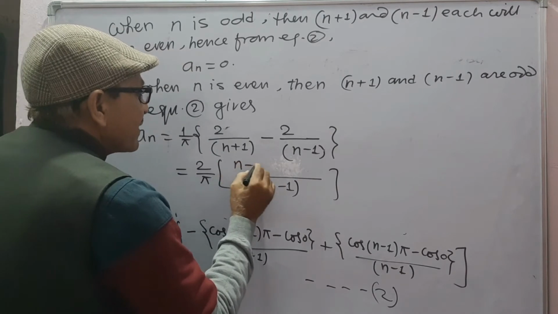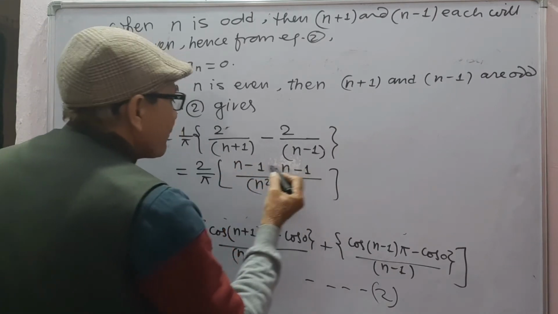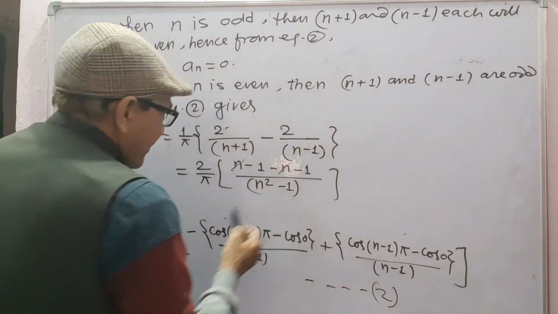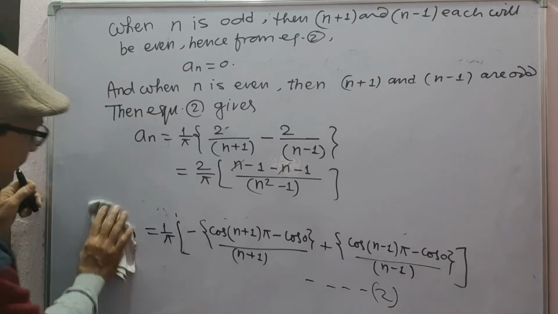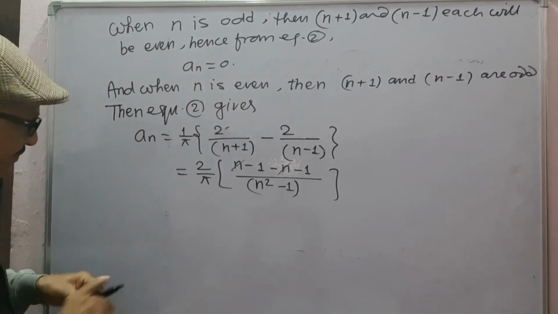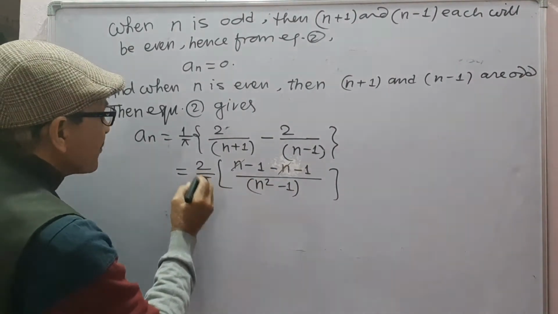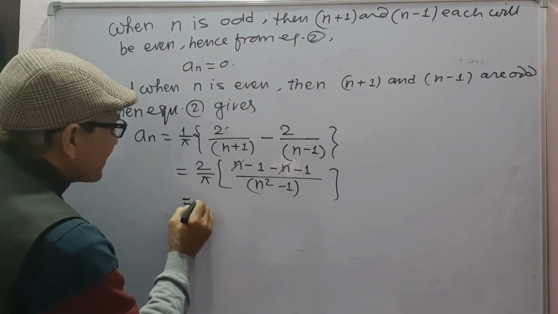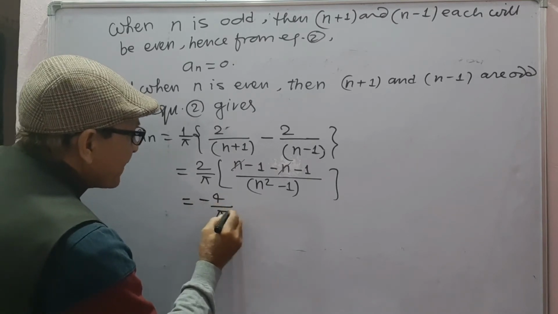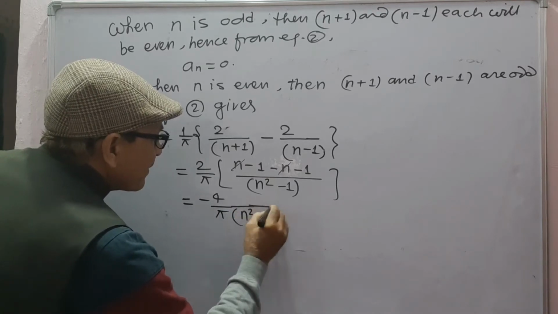We get n minus 1 minus n minus 1. n cancels n and we get a n as minus 2 into 2 means minus 4 upon pi into n square minus 1.